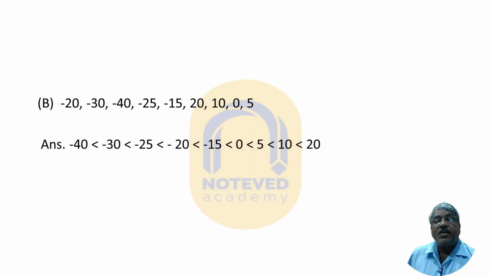Now you see, here is another example. Which is the smallest one? Recall the number line. Here -40 is left of the number line. If you recall it, then comes -30.